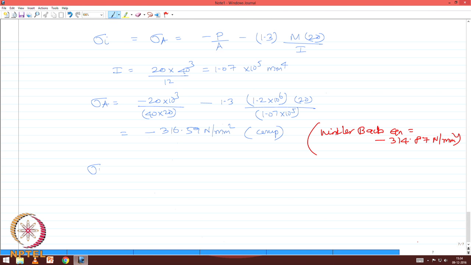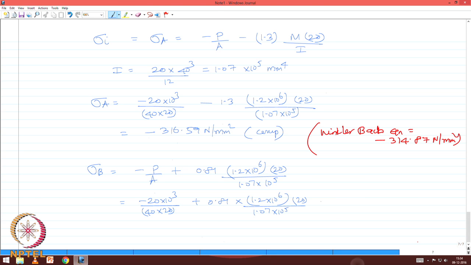let us do it for sigma B, which is minus P by A plus 0.81 into 1.2 into 10 power 6, the distance of extrados fiber 20 mm by I value, which is 1.07 into 10 power 5, which is minus 20 into 10 power 3 by 40 into 20 plus 0.81 times 1.2 into 10 power 6 into 20 by 1.07 into 10 power 5, which comes to plus 156.68.